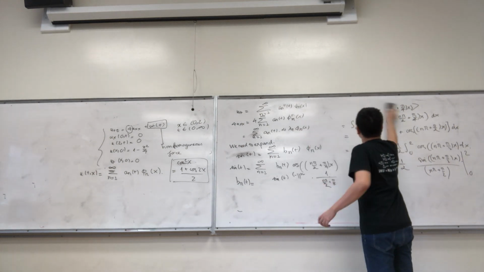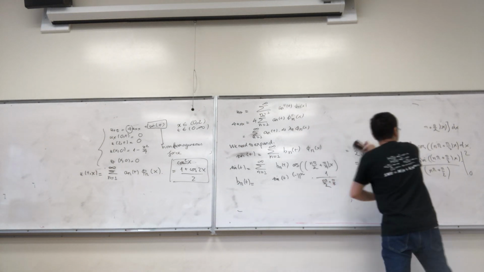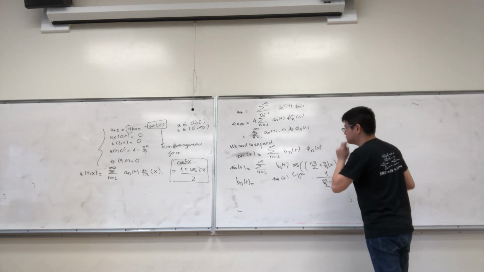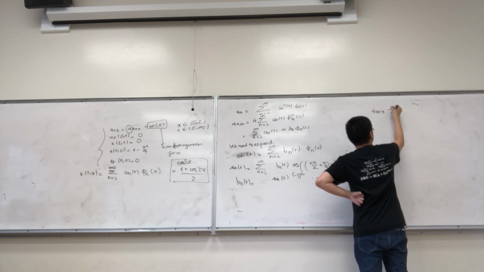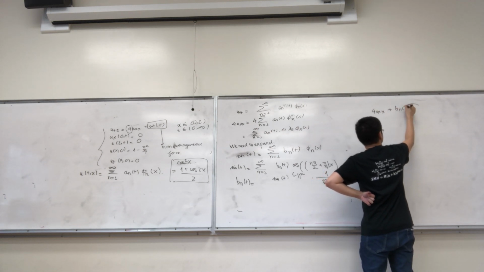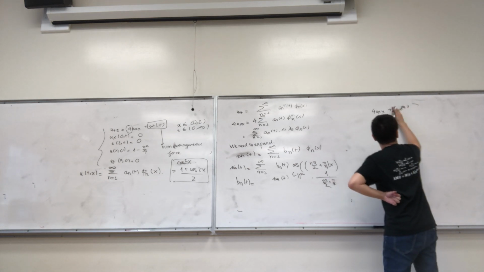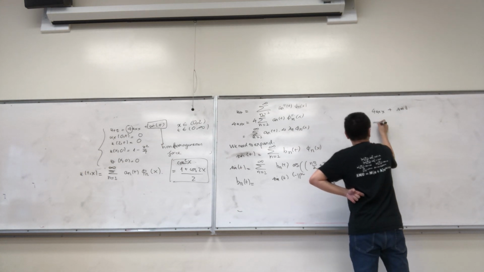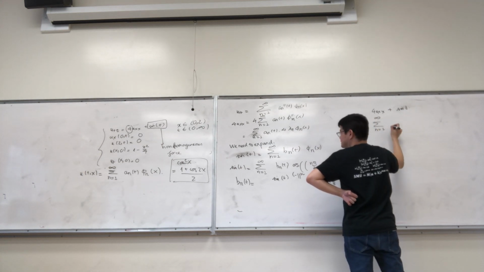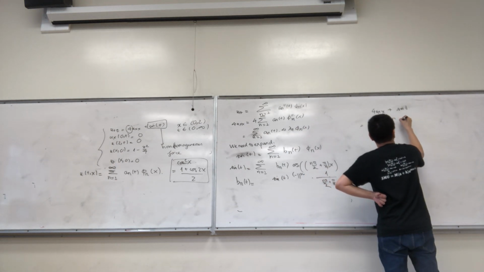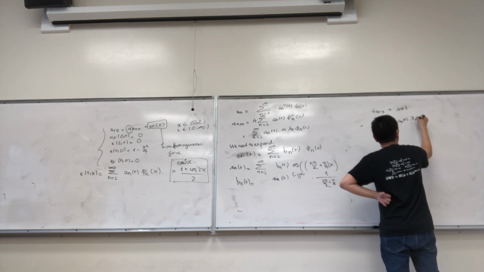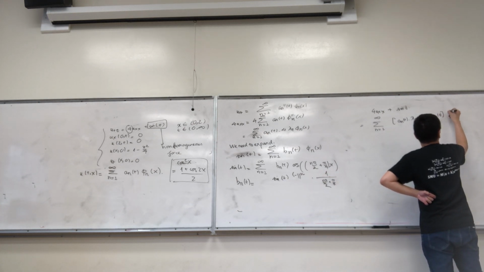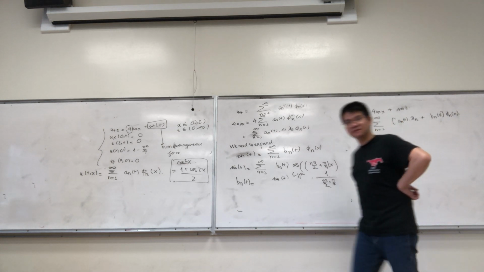Right, so now you have the solution u of x and t, which is the sum when n goes from 1 to infinity of an(t) times lambda n plus bn(t) times the eigenfunction in x.